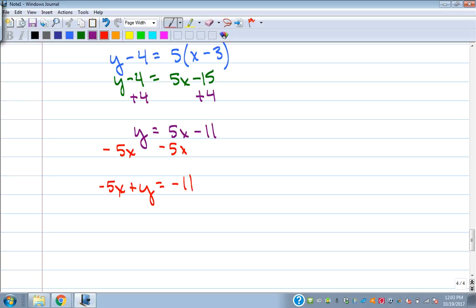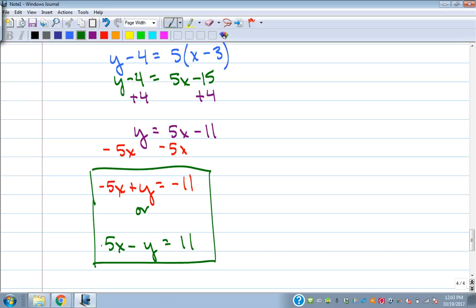And then, do I need to think about the "or" for this one? Why? There's a negative in front of the x, so it could be positive 5x minus y equals 11. Either of those is correct.